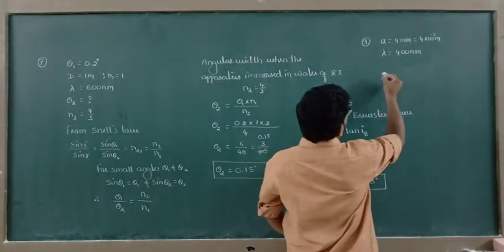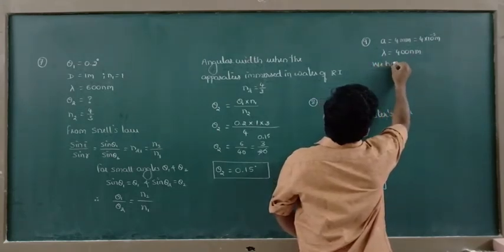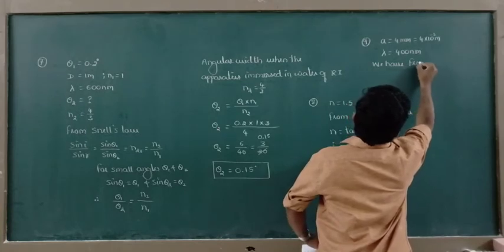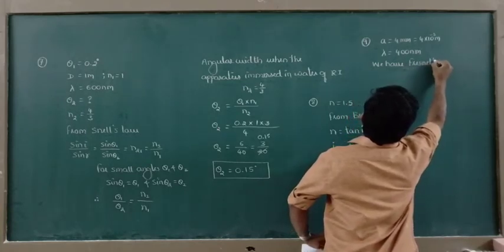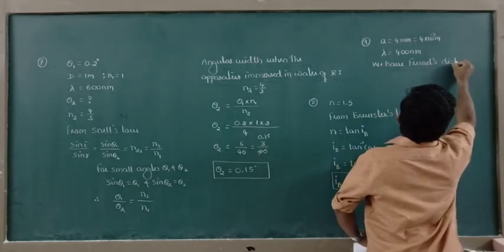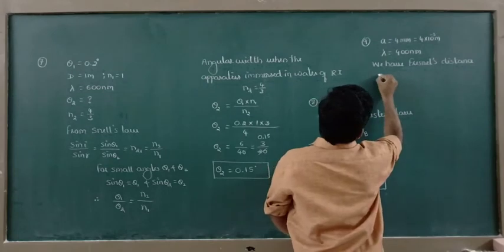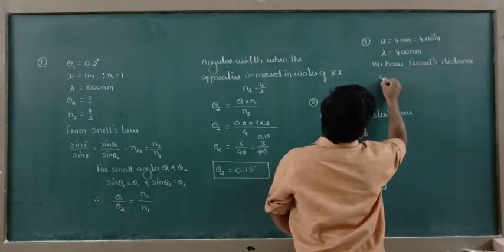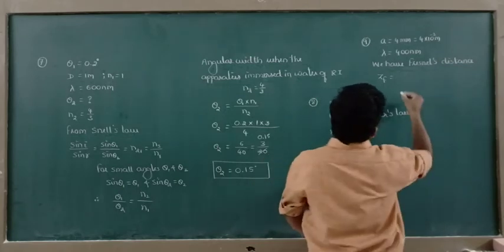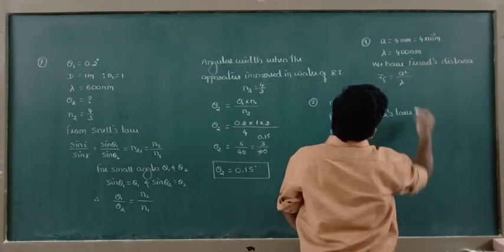So we know that we have Fresnel's distance, that is ZF for a good approximation of ray optics is equal to a square divided by lambda.